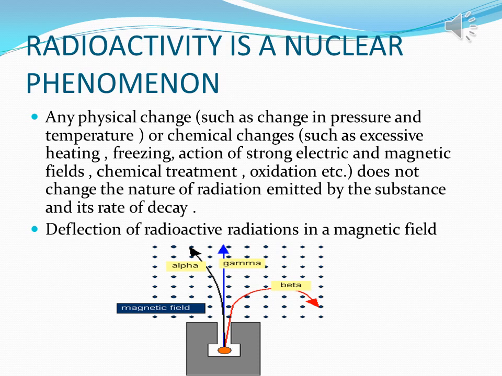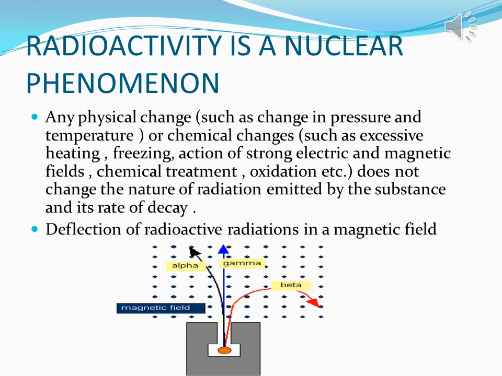In 1903, Rutherford experimentally studied the nature of radiations emitted by the radioactive substances. He found that on subjecting the radiations given out by a radioactive substance to an electric or magnetic field, they give deflections.